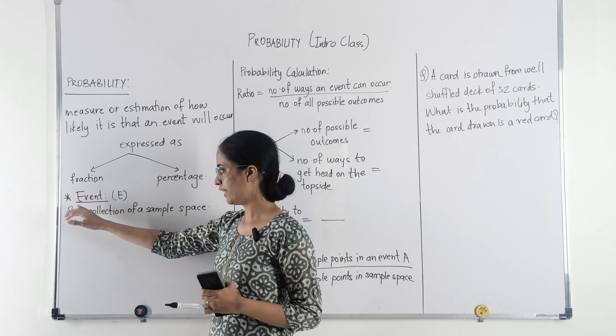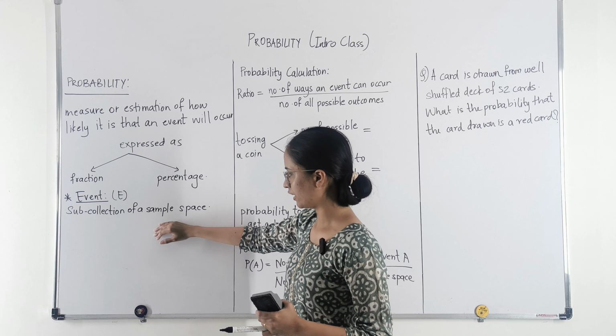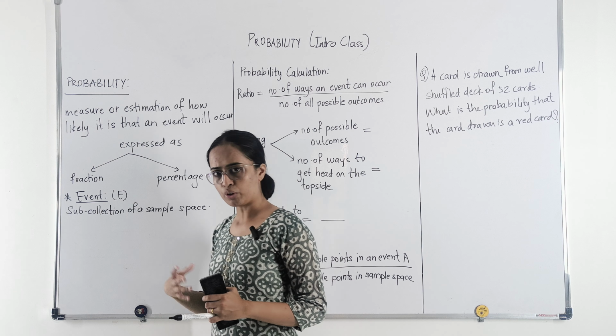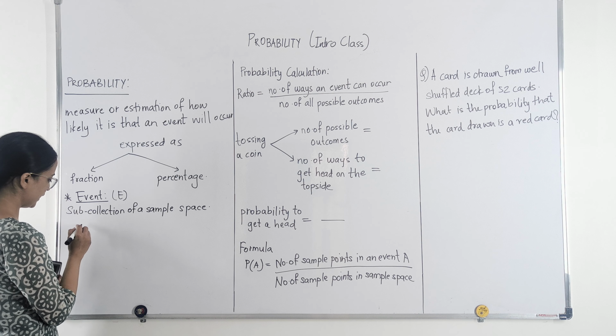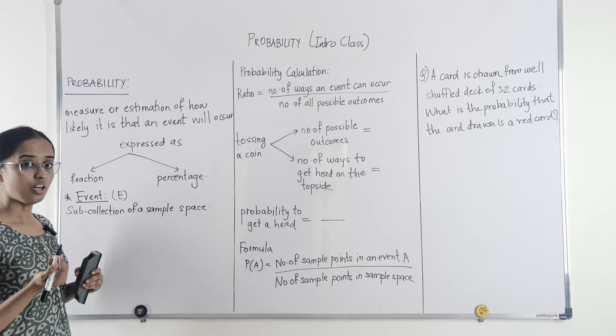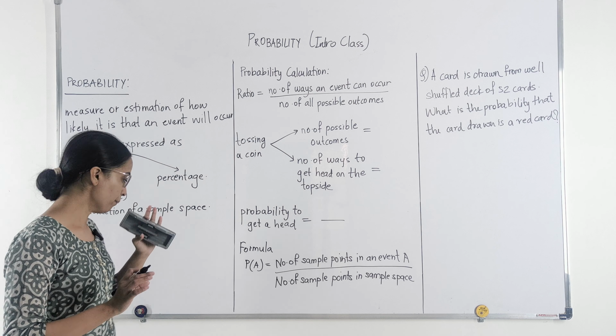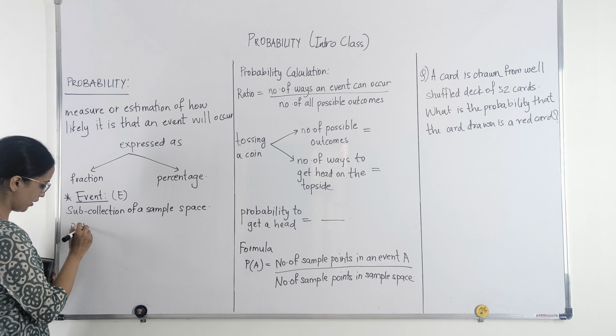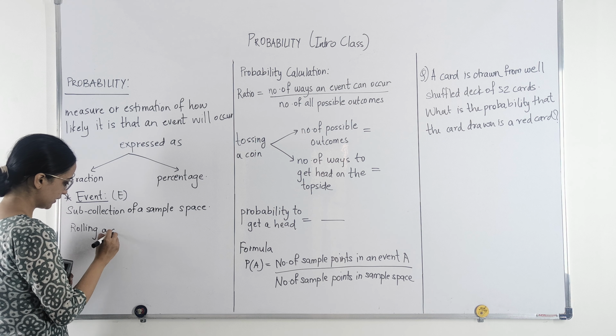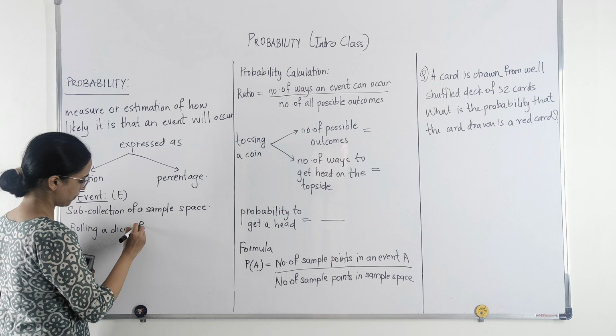So, as the name suggests, it is a sub-collection of sample space. Now, what do you mean by sub-collection of sample space? So, let's say there's a scenario where a random experiment, I would say more precisely, of rolling a die. Okay? So, rolling a dice is the random experiment.